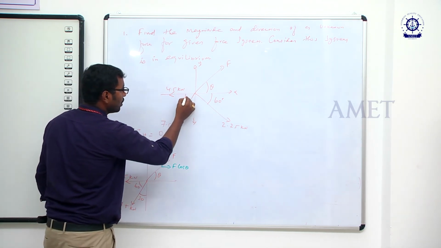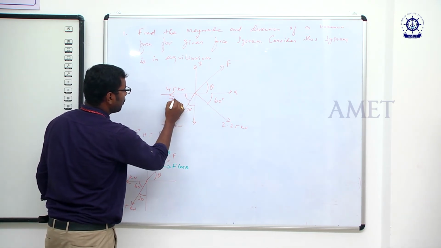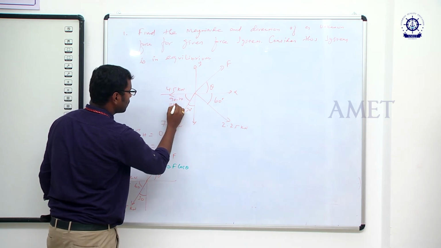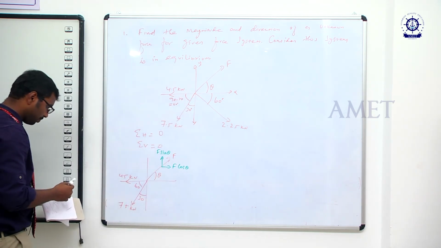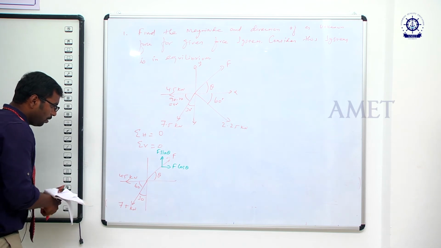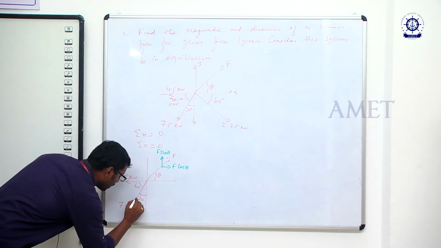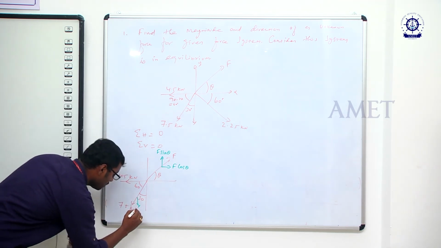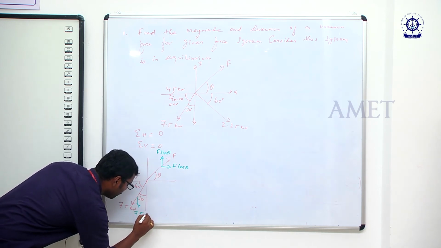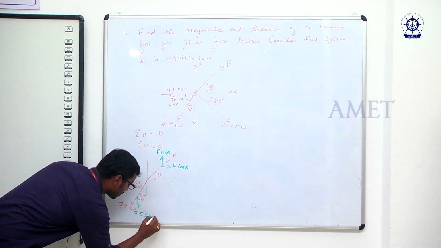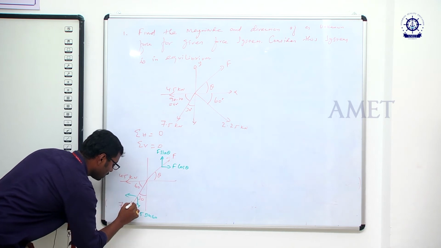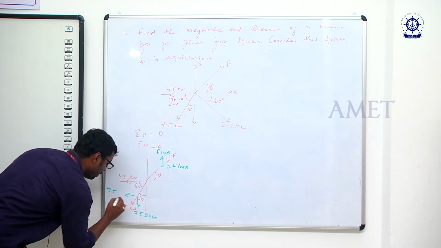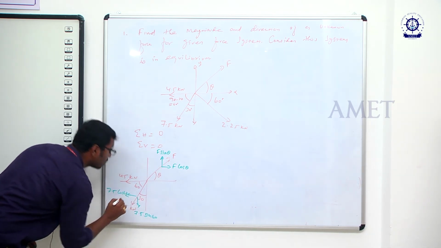That means 90 minus 30, 60 degree. So the vertical component of this force is 7.5 sin 60, and the horizontal component is 7.5 cos 60.